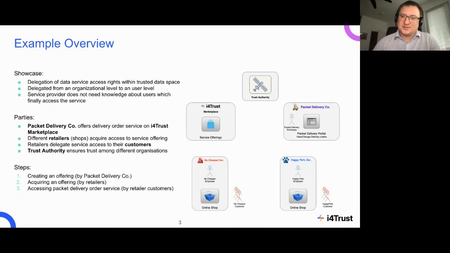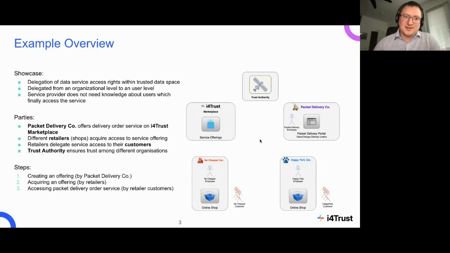Especially important is that the actual service provider, this packet delivery company here, does not need to know anything about the final users or customers accessing the service, but just needs to know which organizations were granted access to the service, and then allows these customers to access the service.